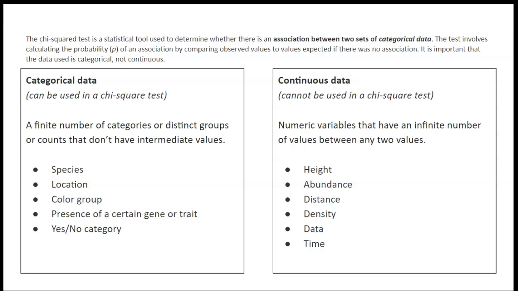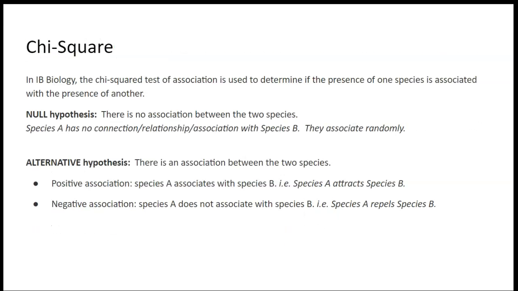We really want to stick with the yes-no category, okay? So when we're doing chi-squared, we're looking to see if the presence of one species is associated with the presence of another species. That's as far as I want to go with chi-squared. You can use this for more advanced things, but I don't want to get into that right now.